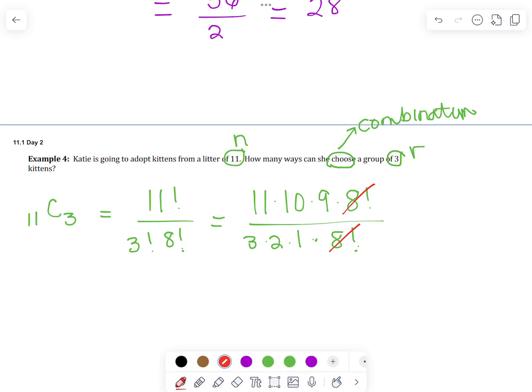And then multiply. 11 times 10 times 9 is 990. 3 times 2 times 1 is 6. And then simplify that fraction and you get 165. We can have 165 different groups.